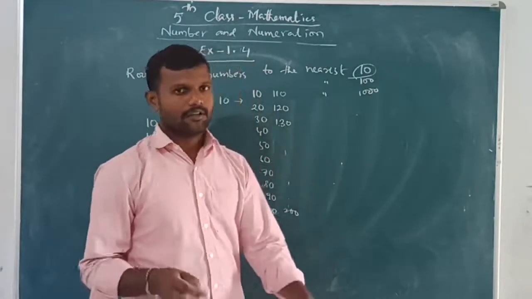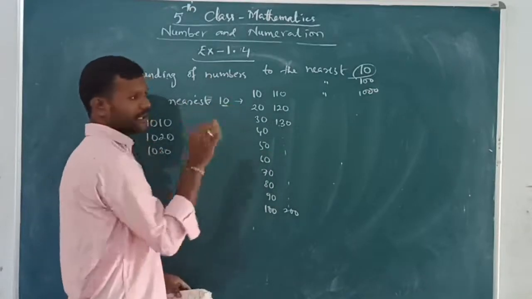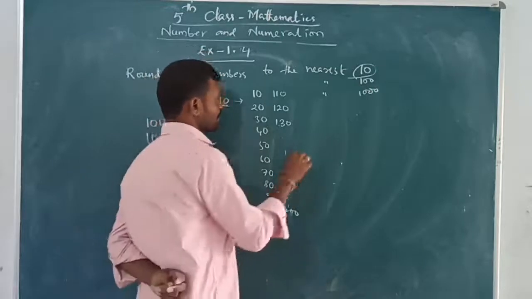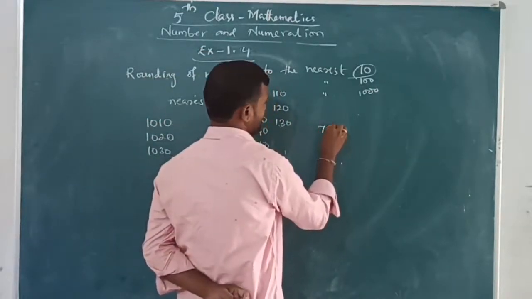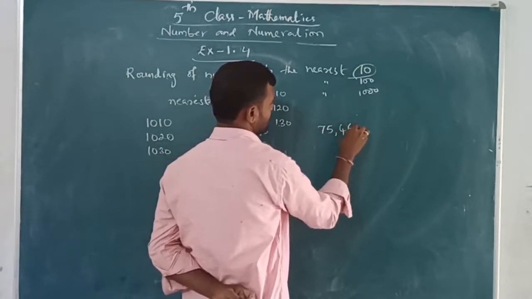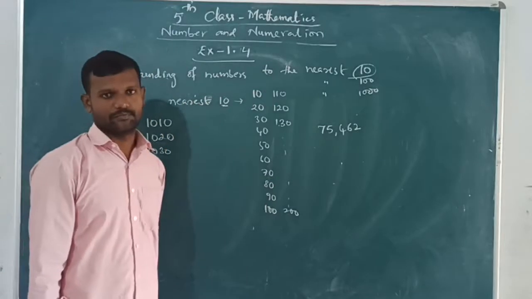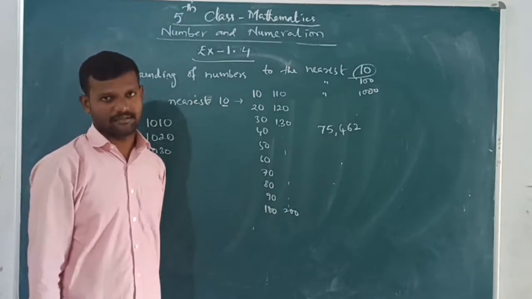If you want to round a number to the nearest 10, let me give an example. I will write a number here: 75,462. I asked you to round off this number to the nearest tens.